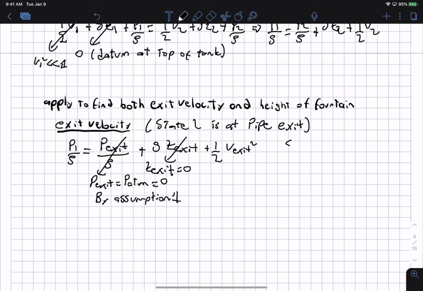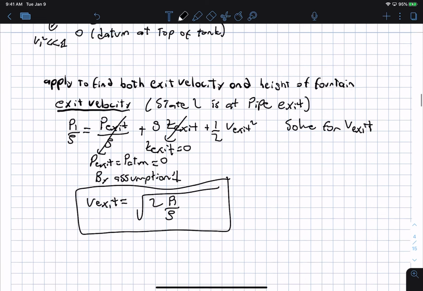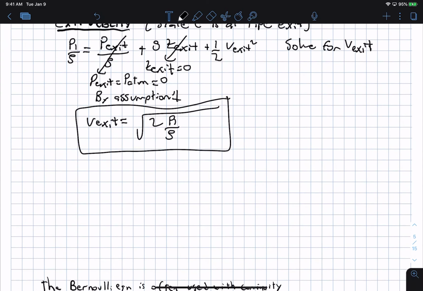So you solve for V at the exit, and you find that V exit equals the square root of 2 P1 over rho. Okay, so now we have used it to find the exit velocity. Now we can also use it to find the fountain height.